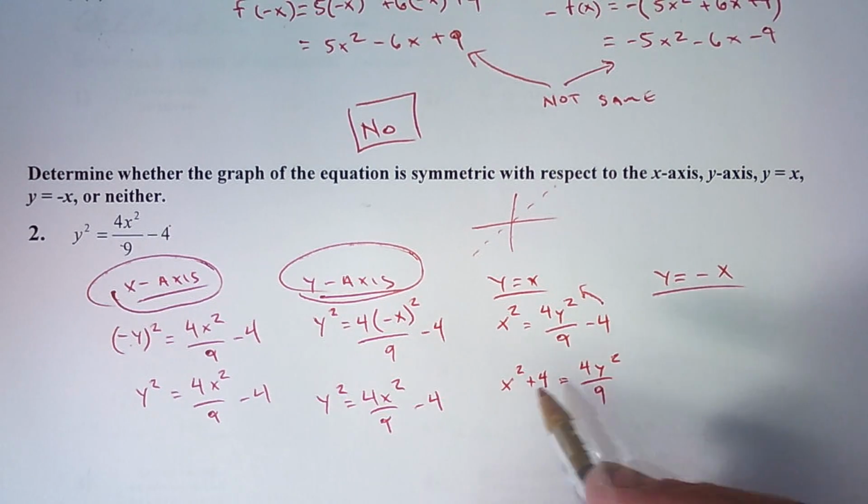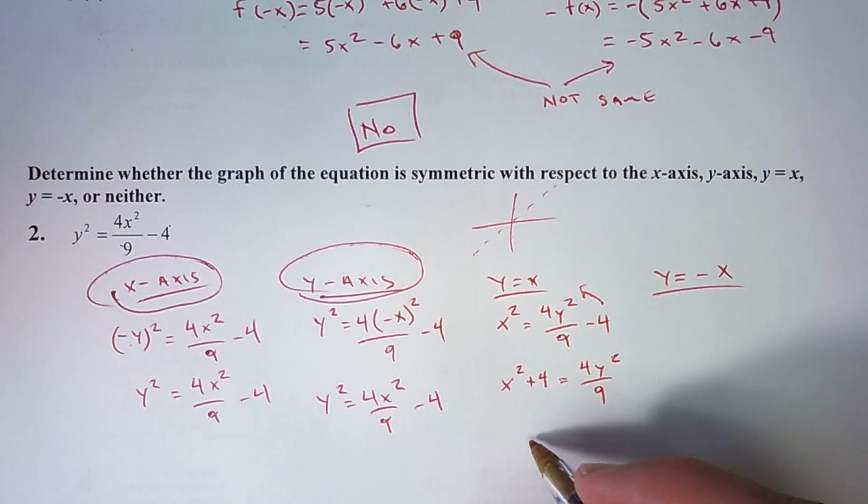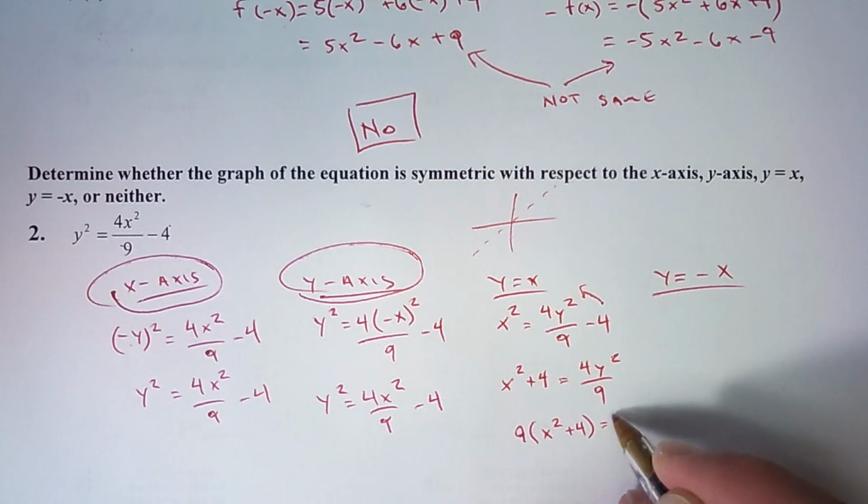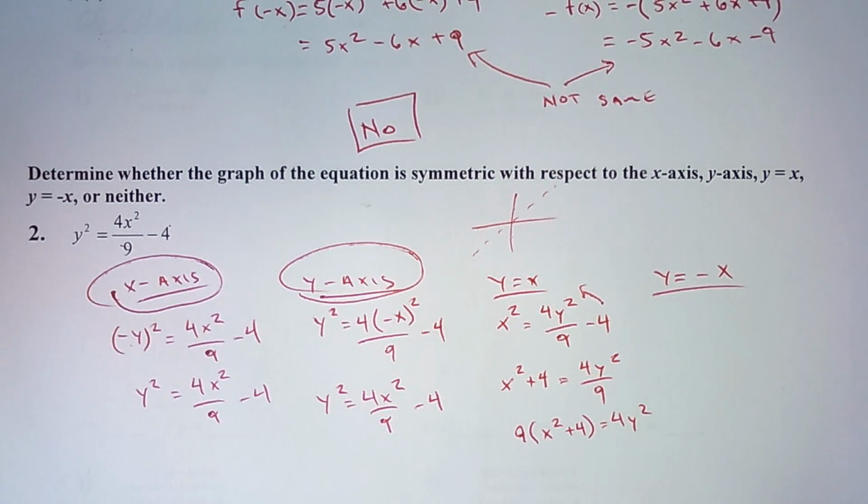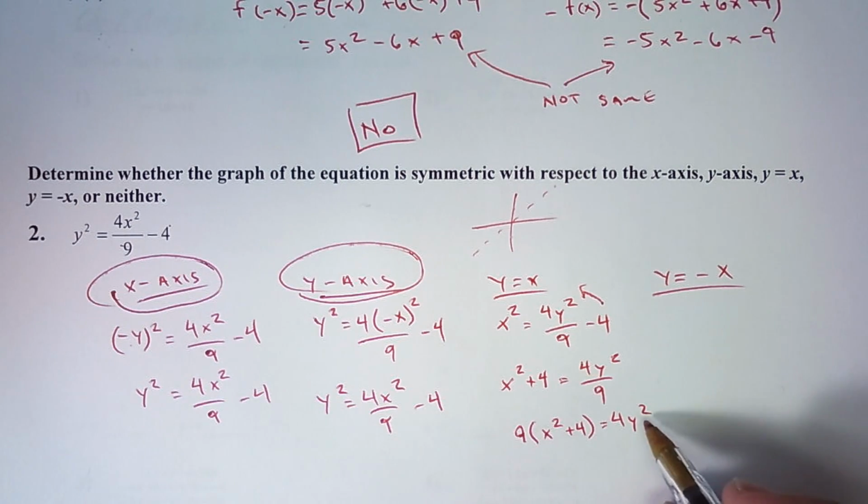Okay, then I can get rid of that 9 by multiplying both sides by 9. So I have 9 times x squared plus 4 equals 4y squared. Then I can divide both sides by 4.